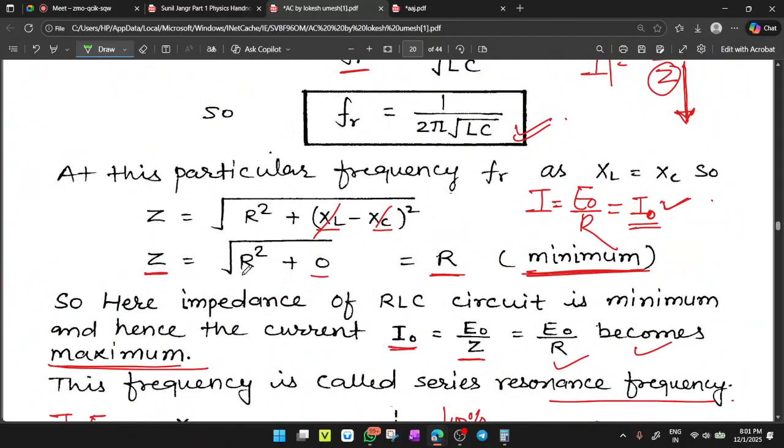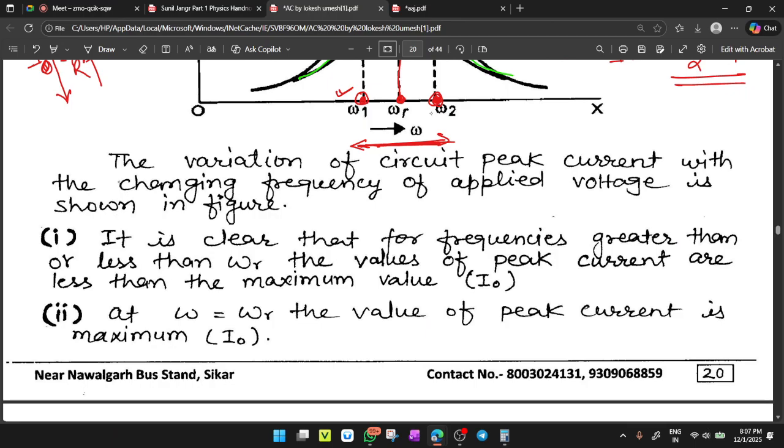Yes, write this first. Now see the observations. The variation of the circuit's peak current with the changing frequency of applied voltage is shown in the figure. First point: it is clear that for a frequency greater than or less than omega R, the value of peak current is less than the maximum value of current.